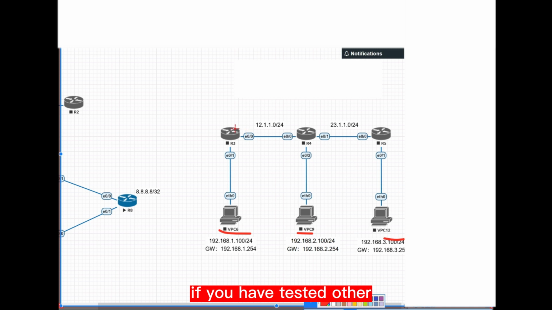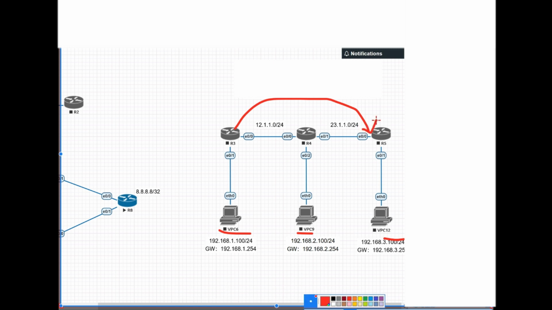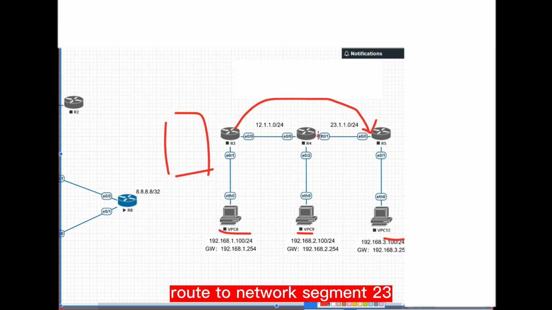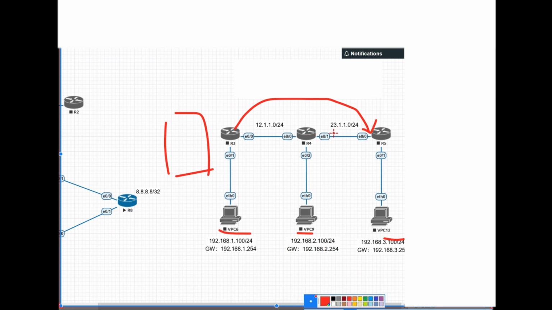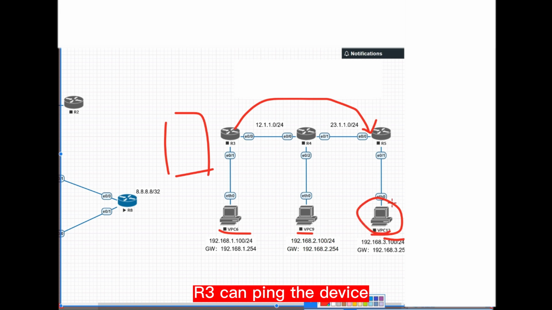If you have tested other, you will find R3 goes directly to ping R5. It doesn't work, because R3 does not have a route to network segment 23. That is to say, R3 can ping the device, because it has a route to 192.168.3.100 on it.